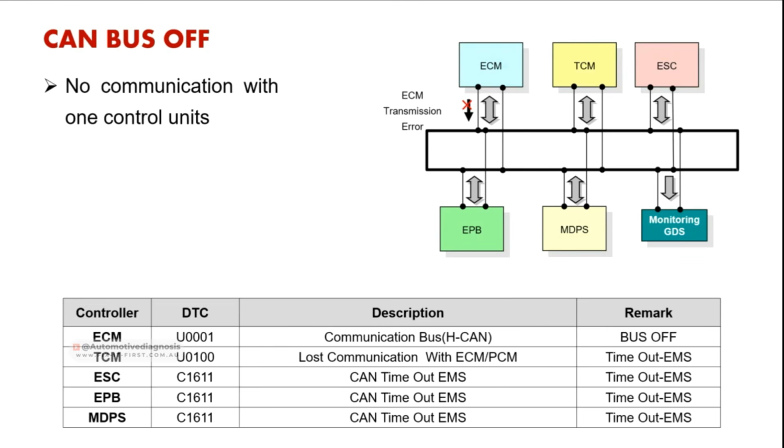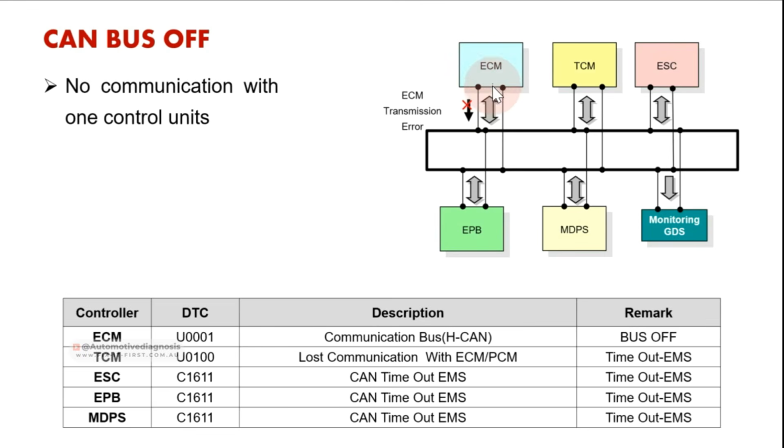If the communication restart process continues over 10 consecutive times, the controller generates bus off DTC. If CAN bus off DTC is generated due to communication failure counter accumulation, then the controller stops data transmission and reception. This is very important. But if the network is restored, message transmission is restarted immediately.